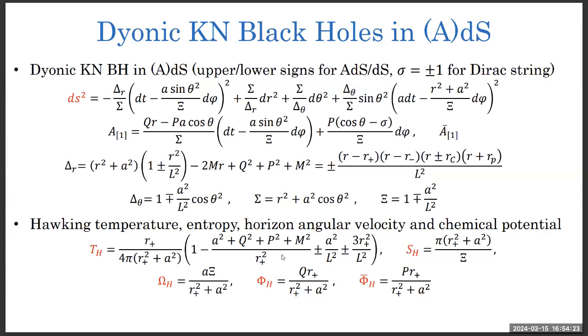Now, this black hole has a Hawking temperature. What is the R subscript P? Oh, actually, that is a kind of unphysical solution. Yeah, it has a negative, unphysical mathematical root. R plus is the event horizon, the outer horizon.